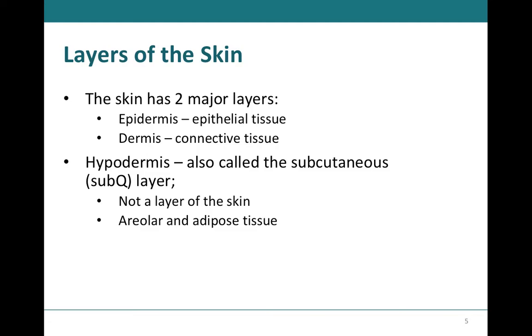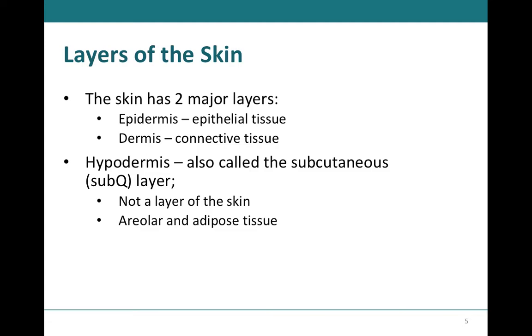Below the dermis, you have what we call the hypodermis or the subcutaneous layer. This actually is not a true layer of skin. It is areolar and adipose tissue, but it is not technically skin.